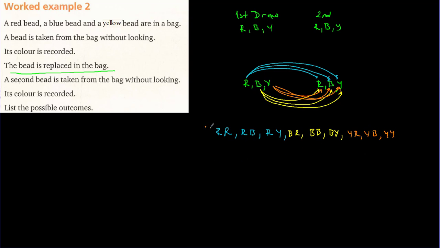So these are all possible outcomes of our drawing, first row and second row.